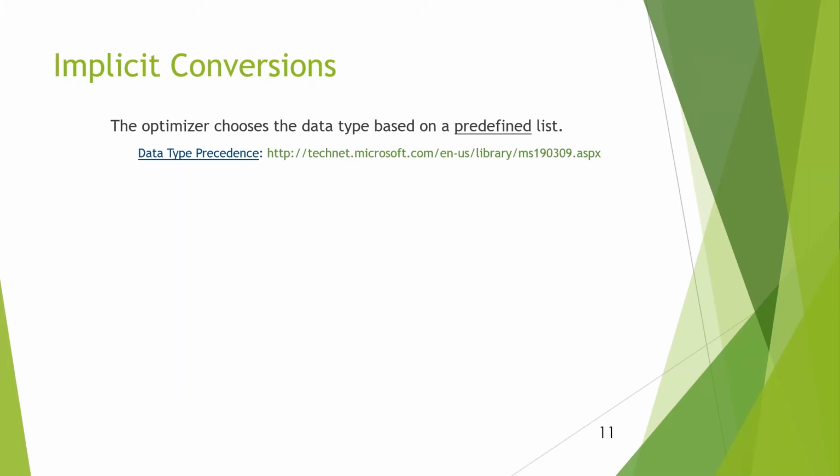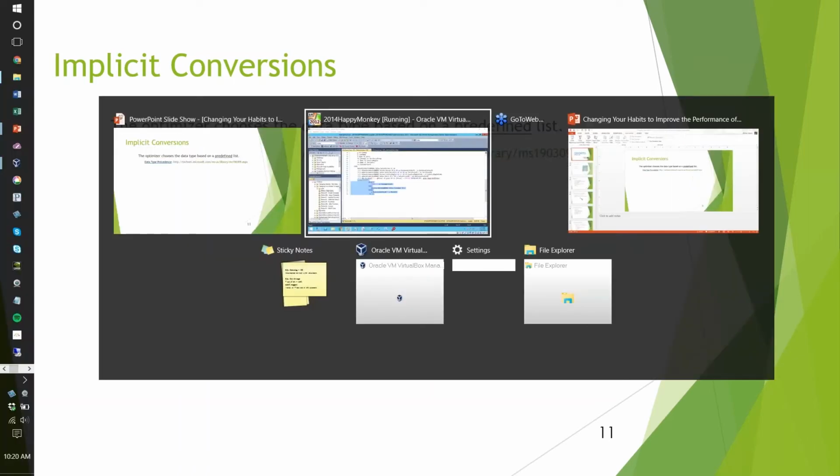Implicit conversions can hurt you because they might give you the wrong data. Even if you're comparing a varchar to an nvarchar, it's going to cause an implicit conversion. So let's take a look at those.